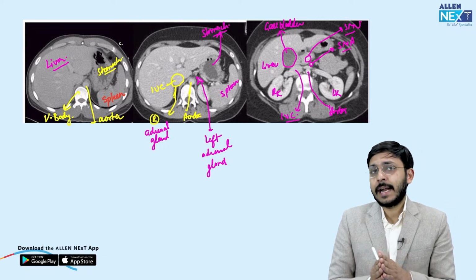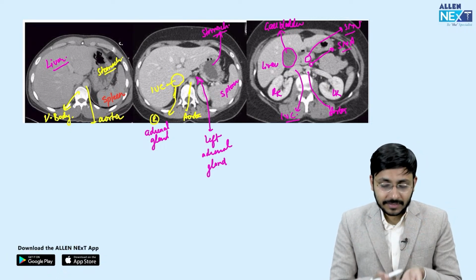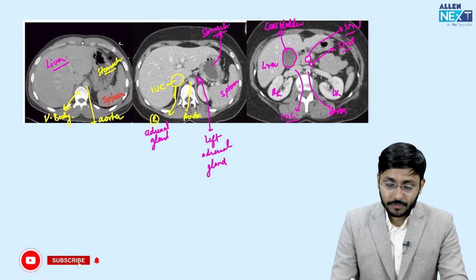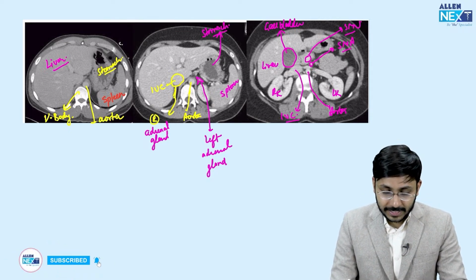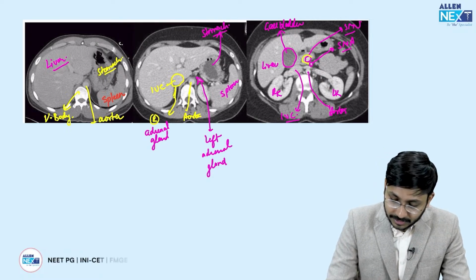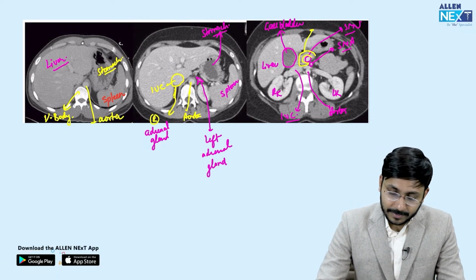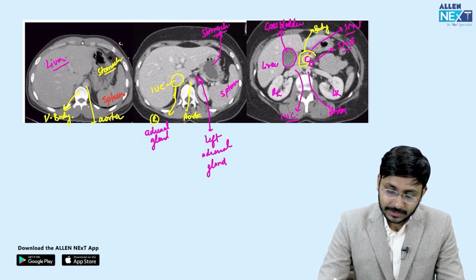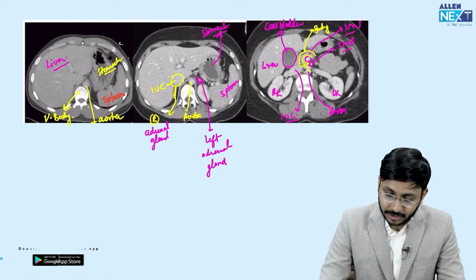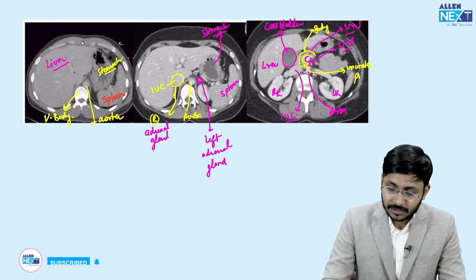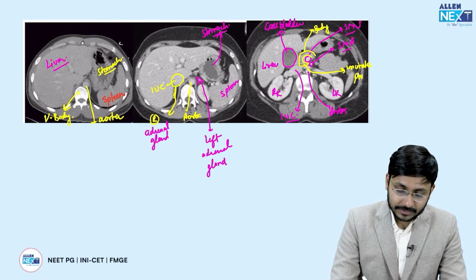We've read in anatomy that SMA and SMV are anterior to the uncinate process of pancreas. So which will be the uncinate process? This whole is part of the pancreas. This will be the body of pancreas and this small structure here will be the uncinate process of pancreas.